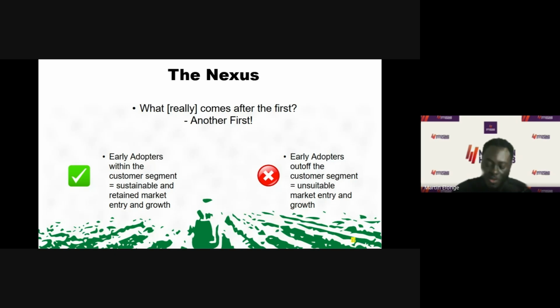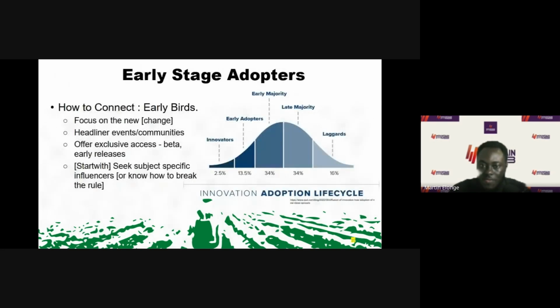There's also the question that always comes up: users and customers. Usually customers are people who pay for the service or the product. Users could be anybody that uses the solution. So a customer is still part of the users. An early adopter is part of the users.